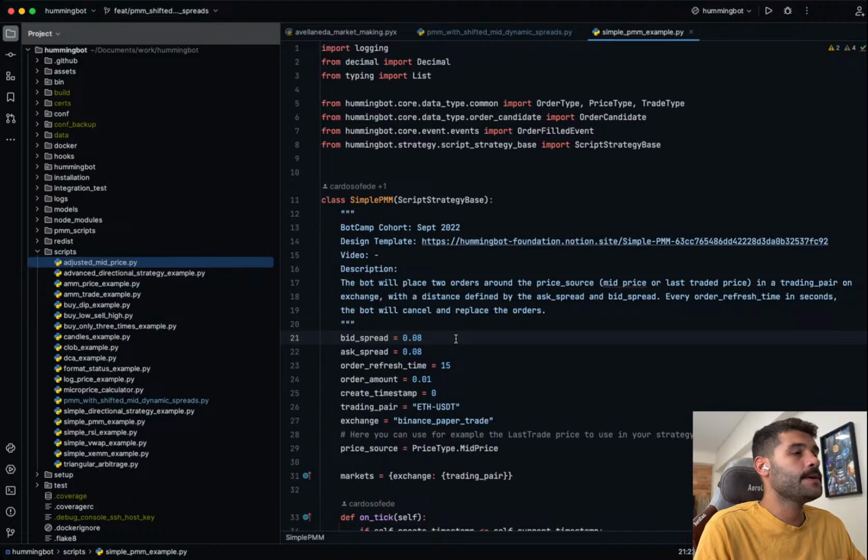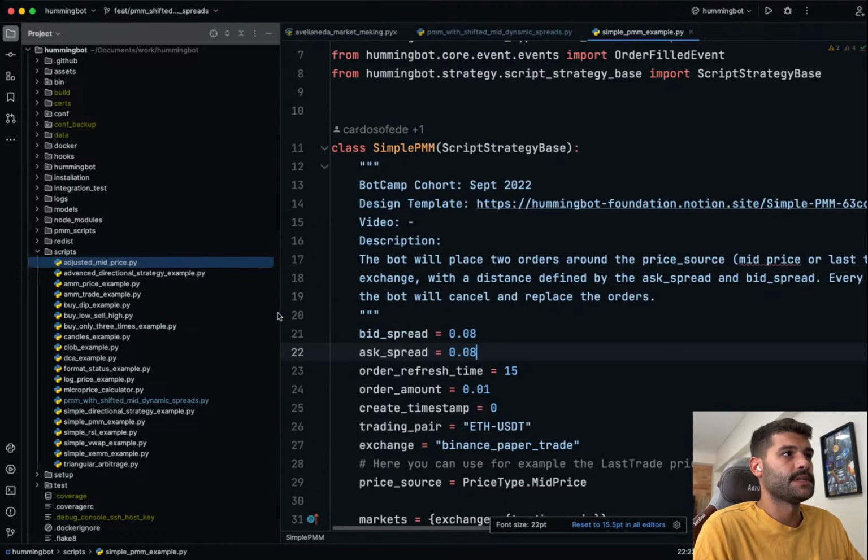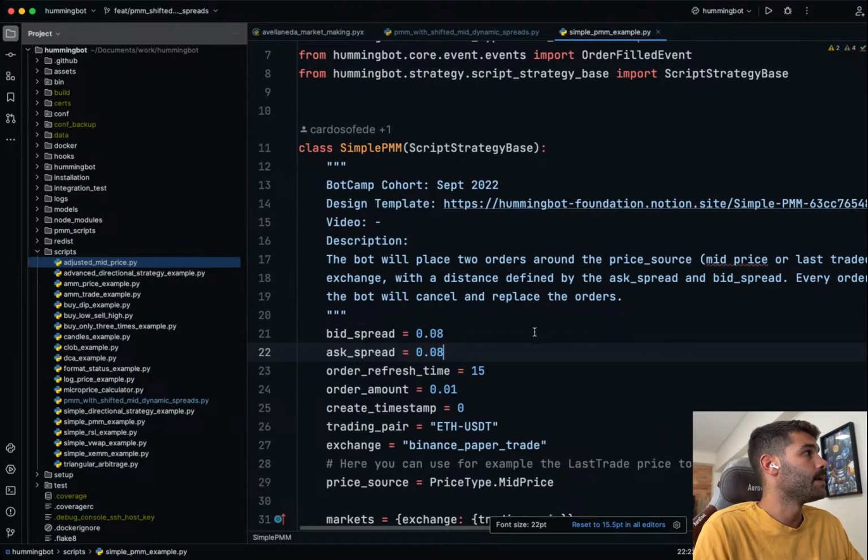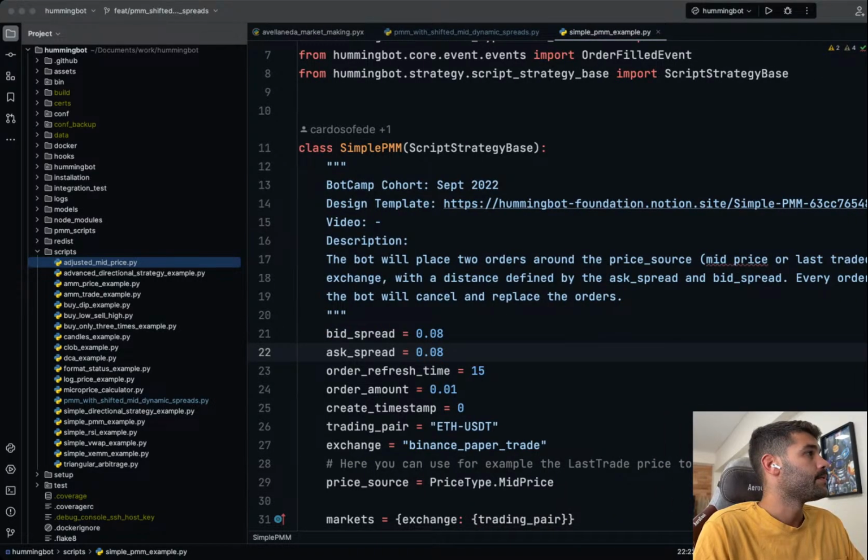Perfect. We have here the simple pure market making, which has some parameters like the bid spread, the ask spread. I will try to maximize a little bit so it will be better here. Okay, now I think that you can see the code better.